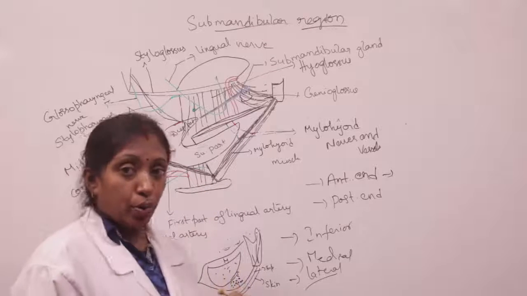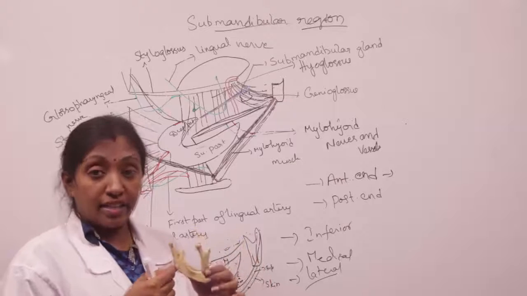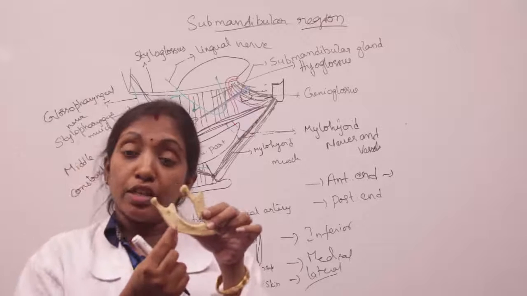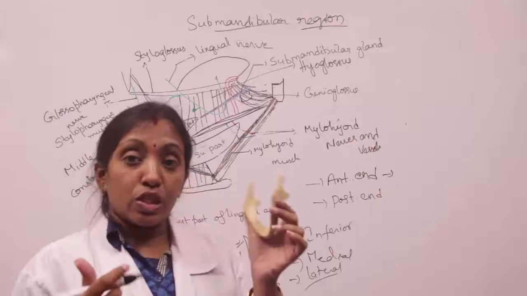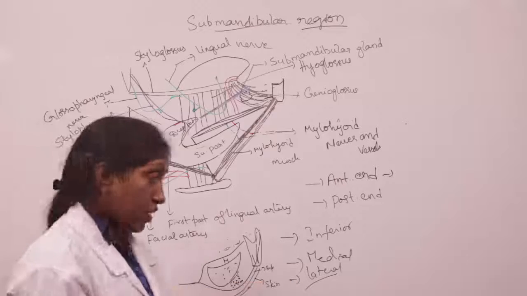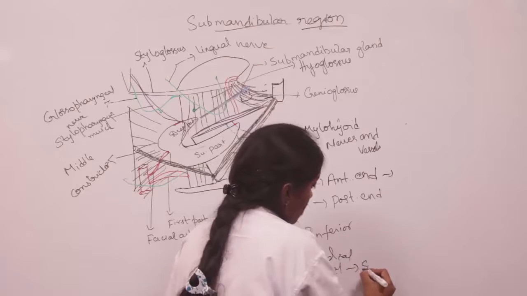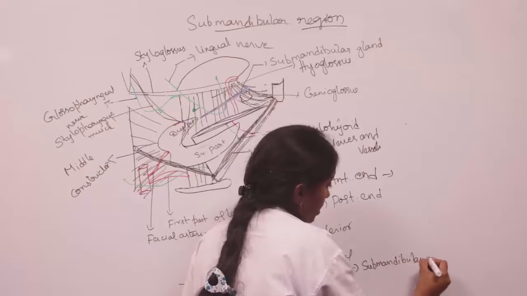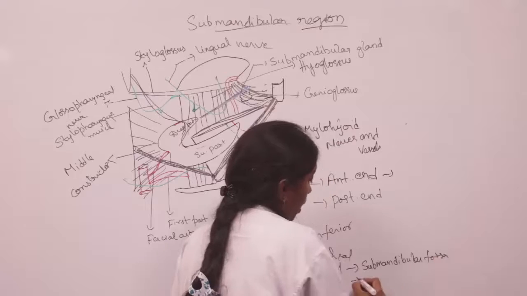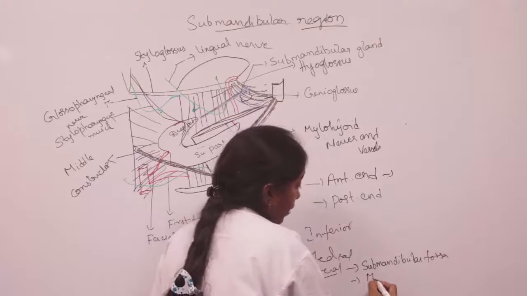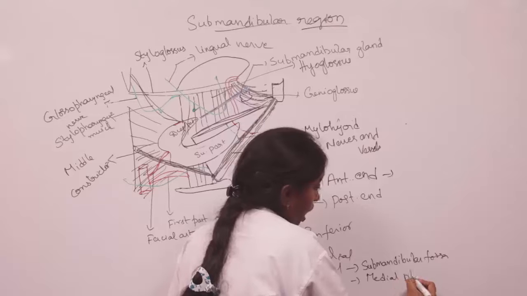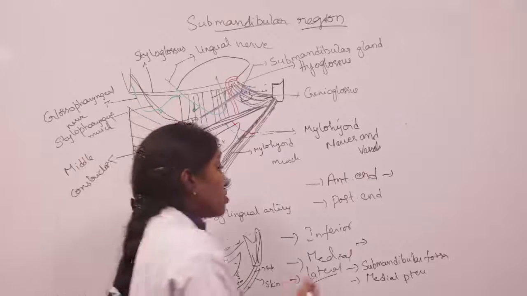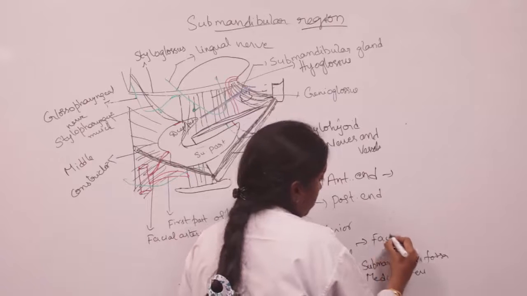So it is related to bone and also to medial pterygoid, near its insertion, because medial pterygoid is inserted to the angle of the mandible. So the lateral surface is related to the submandibular fossa, the medial pterygoid muscle, and also the facial artery.